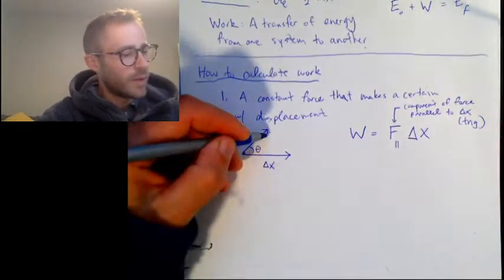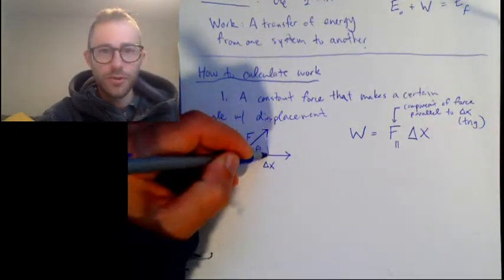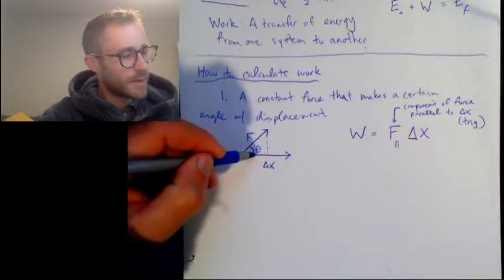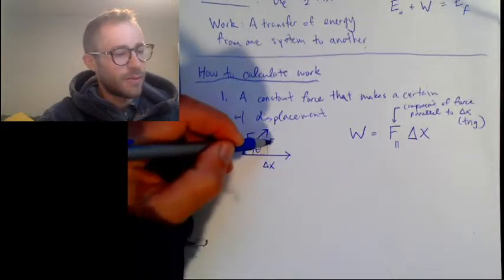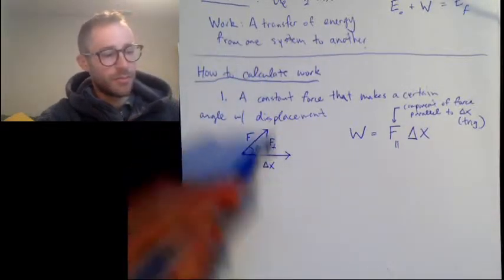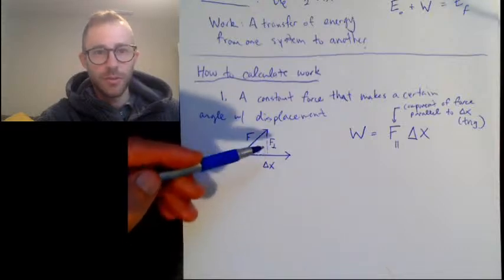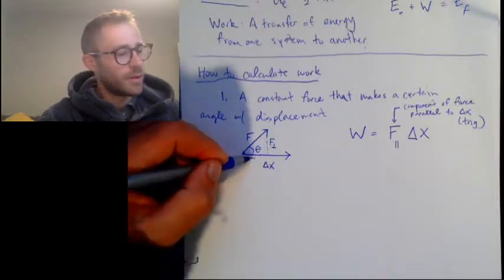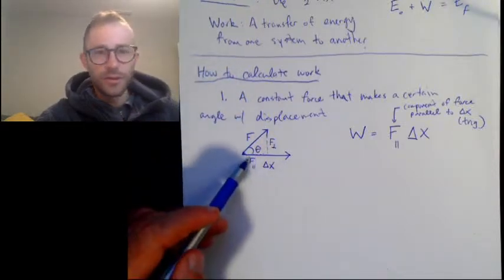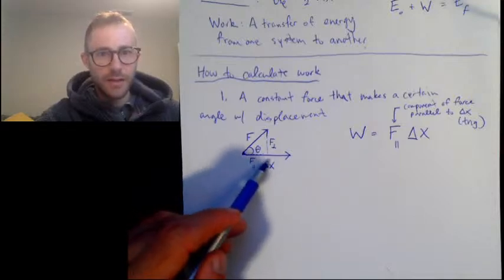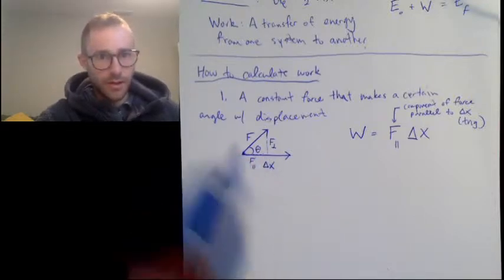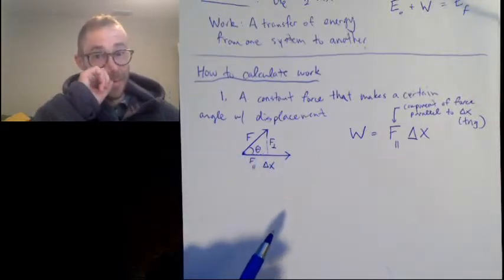So for example, F parallel, you would make a force triangle right here. This would be F perpendicular because this leg of the triangle is perpendicular to the displacement. This would be F parallel. So you use trigonometry to find that leg of the triangle and then multiply that by the displacement. Okay?